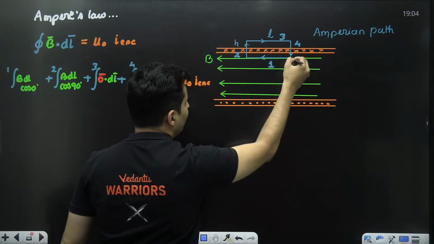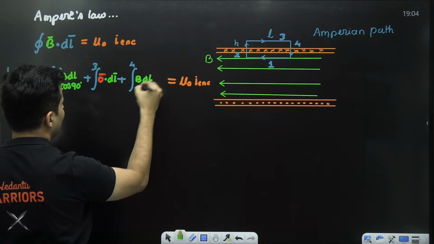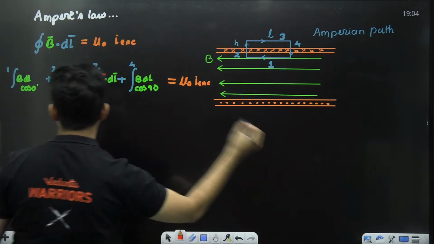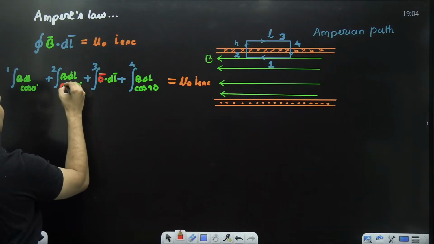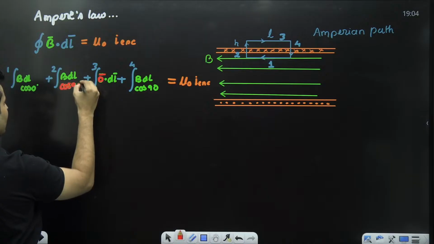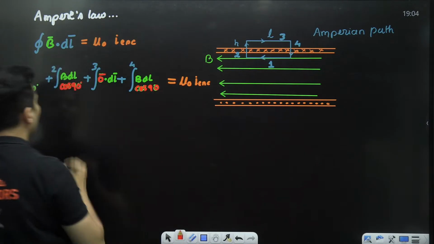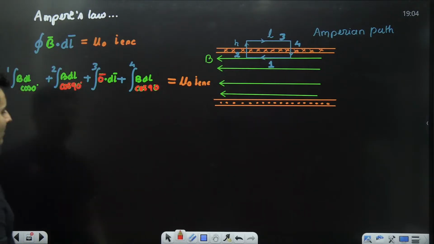Again, when you start coming in, magnetic field is perpendicular to the length, so it will be B dl cos 90. And don't we know what cos 90 is? This cos 90 is nothing but 0. Even this cos 90 is nothing but 0. So this is 0, this is 0, this is 0. Only this term remains.